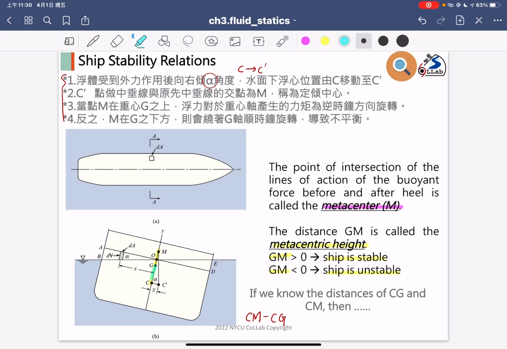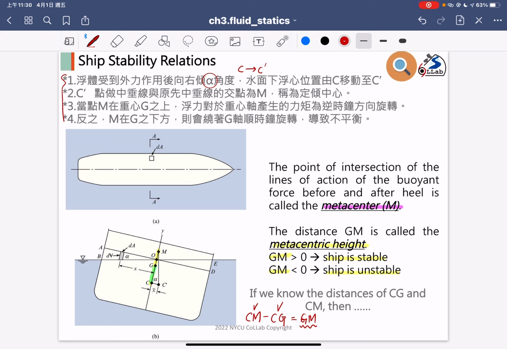There is the CG distance. If you calculate the CM minus the CG, finally it will equal the GM, right? So usually we calculate the CM first, and secondly we compute the CG, and then we can understand how large the GM is.